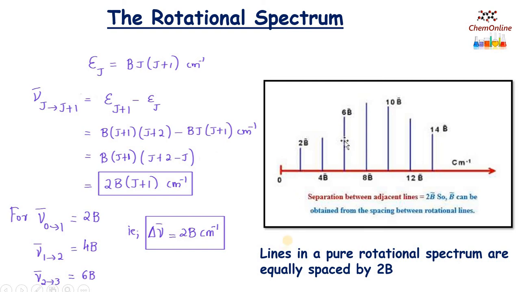That is, the lines in a pure rotational spectrum are all equally spaced, and the spacing is 2B centimeter inverse. Or we can say that the rotational spectrum of a rigid diatomic molecule will consist of a series of equispaced lines, their separation being 2B centimeter inverse, where B is the rotational constant.